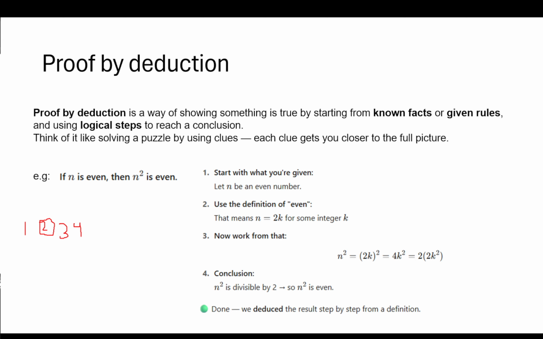So instead of writing n equals 2k for even, for odd you write n equals 2k plus 1. If it's odd, always use n equals 2k plus 1 or 2k minus 1. Both work. For this example we're not doing that, so I'm just going to rub this off.